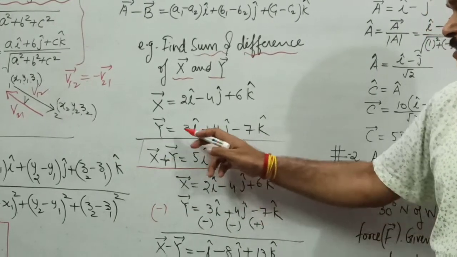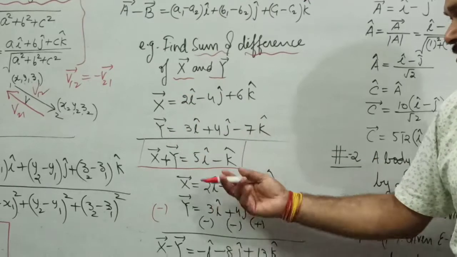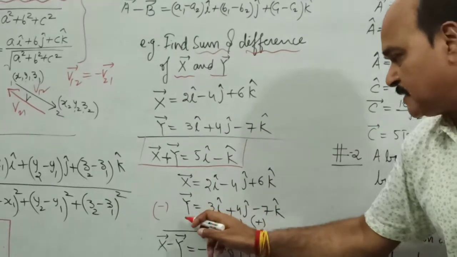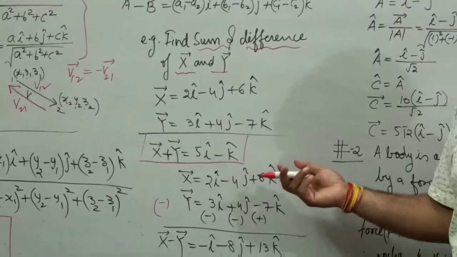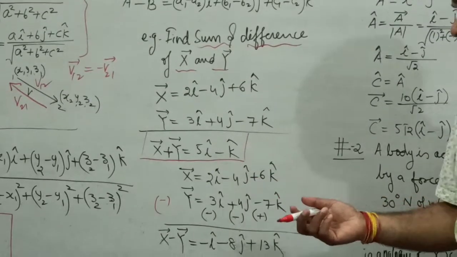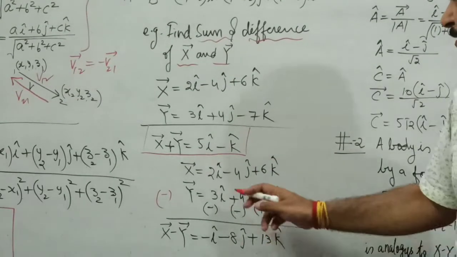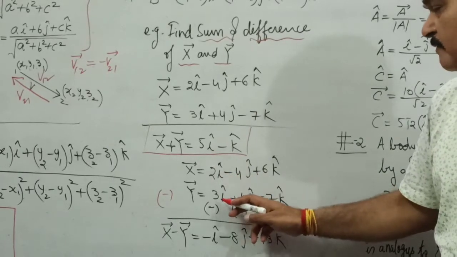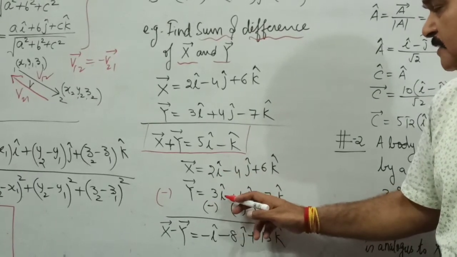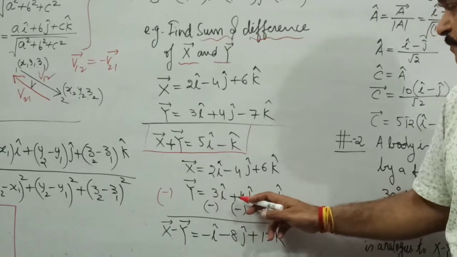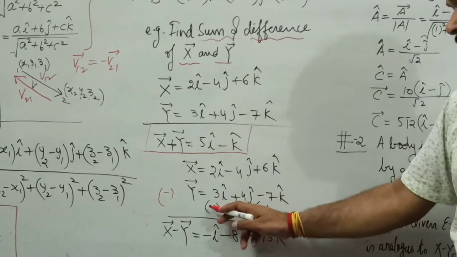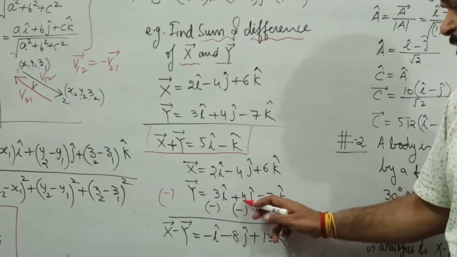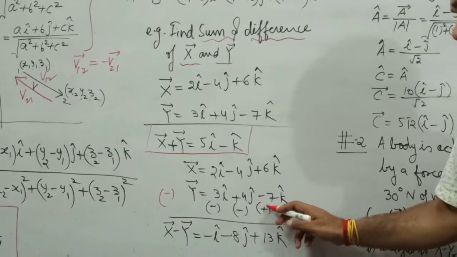If we wish to subtract y from x, as usual, we change the signs as we do in subtraction of algebraic equations. This is 2i, well, this is minus 3i. This is 3i plus 4j minus 7k. We put a negative sign here, a negative sign here, and what do we put here? Positive sign.